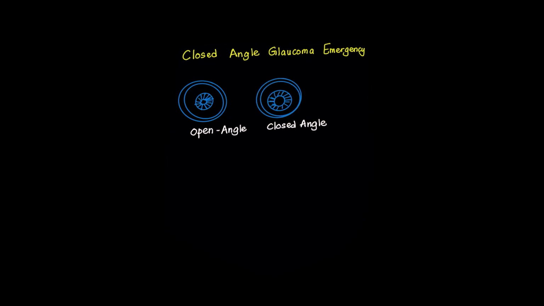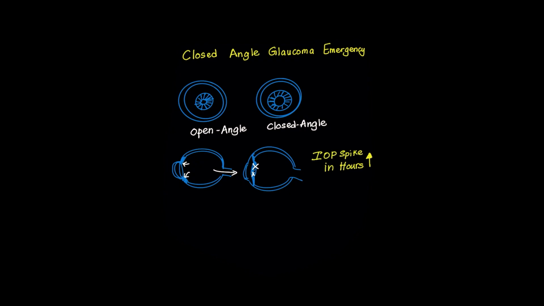To really understand why sudden increased pressure is the key finding in closed-angle glaucoma, let's explore how this emergency differs from open-angle glaucoma. In closed-angle glaucoma, the iris suddenly moves forward like a door slamming shut, completely blocking the drainage angle where fluid normally exits the eye.